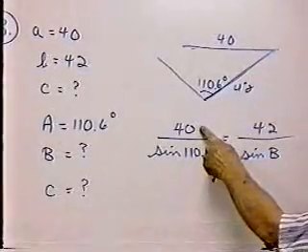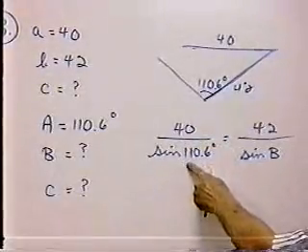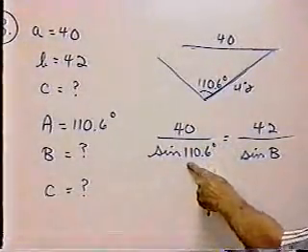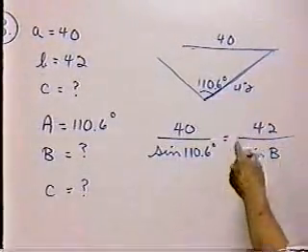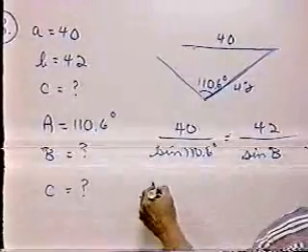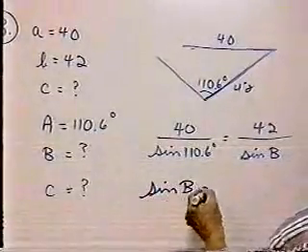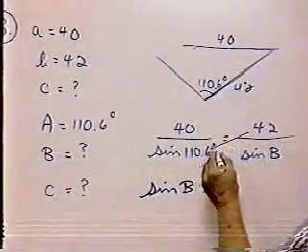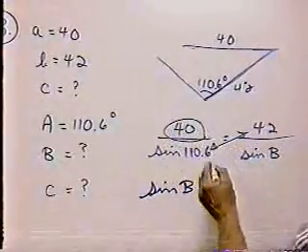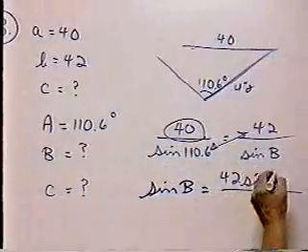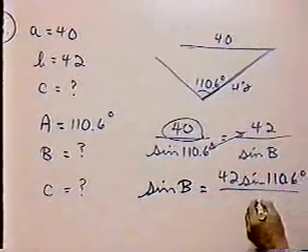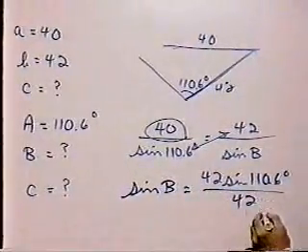A is to the sine of angle A as B is to the sine of angle B. We have three of these, so therefore the sine of B is equal to this times that divided by that. So it's 42 sine of 110.6 degrees divided by 40.